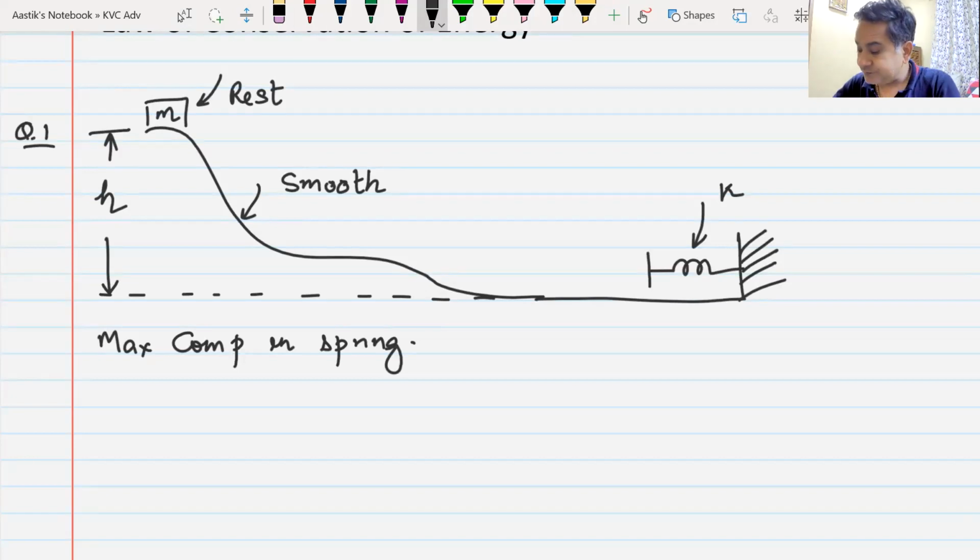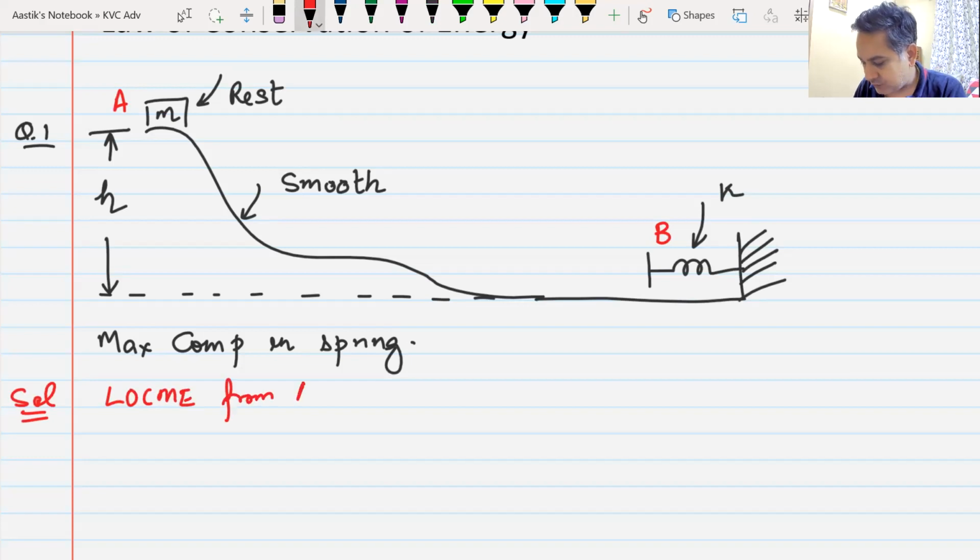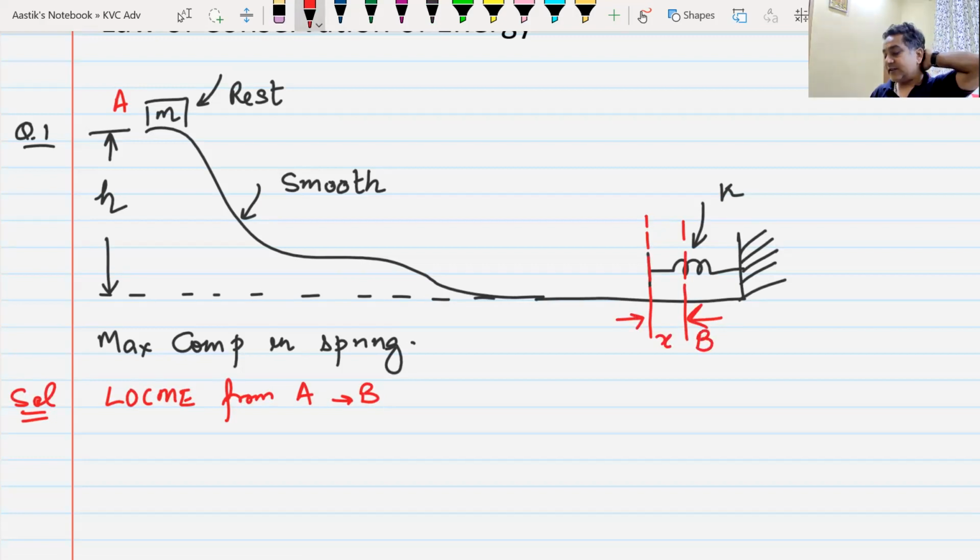Correct. There is no friction here, so you can straight away apply the law of conservation of mechanical energy, or what I call LOCME, from point A to B. When I'm talking about B, I am thinking that this block has been compressed by a maximum distance of X, and this is the point B where it has compressed.